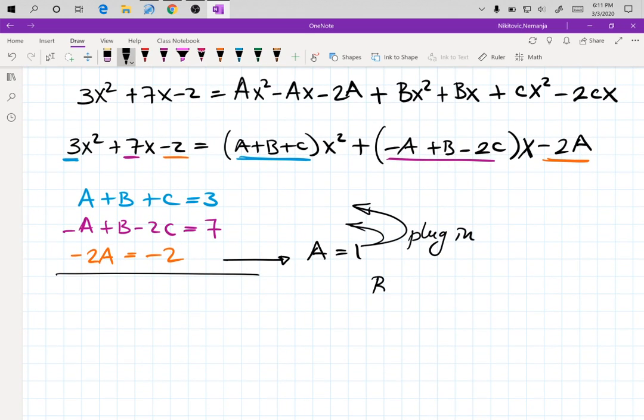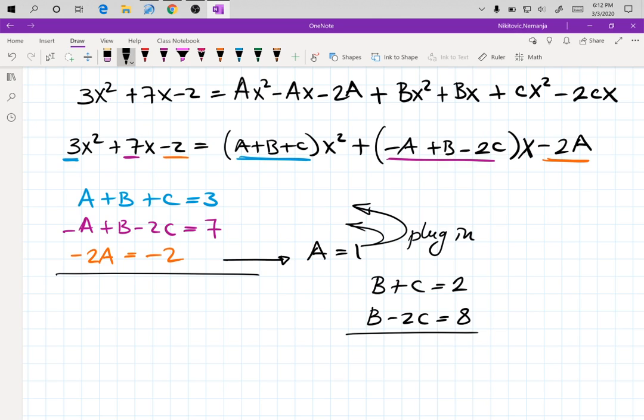We'll have b plus c is equal to 2, and b minus 2c is equal to 8. When a is 1, you subtract 1 on both sides and you get a 2. And when a is 1, that becomes a negative 1, so you have to add 1 to both sides.